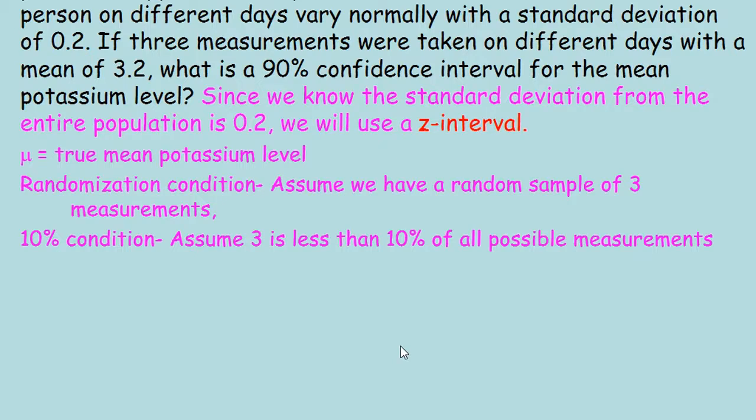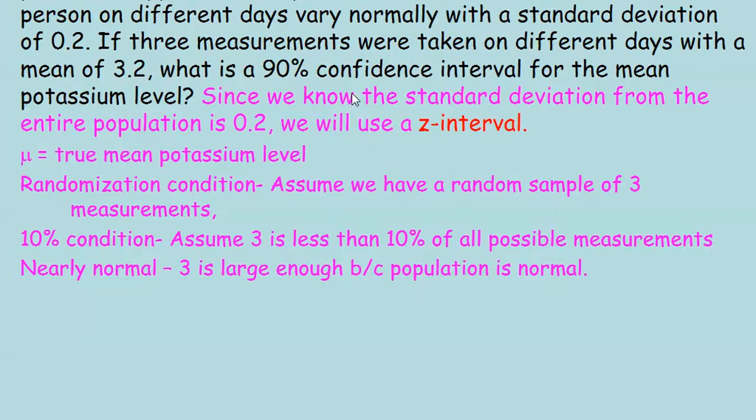Now, finally, check the new one, the large enough condition. And again, you're not going to do the success/failures anymore because this is not a proportion. For the large enough condition, either the problem says your data is normally distributed or your sample has to be at least 30. The good news for this one is that the sample of 3 is large enough because the problem says you have normally distributed data.